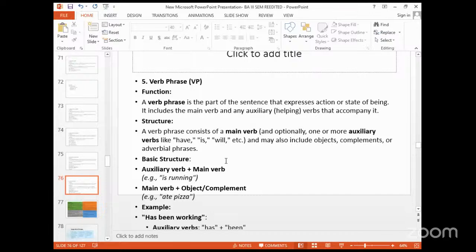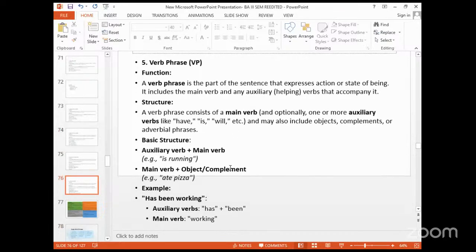Now the basic structure, if you look at it, for example: is running. That's an example. So it's an auxiliary verb plus the main verb, is running. Then we have ate pizza. In this phrase, you will have a main verb and an object or a complement.